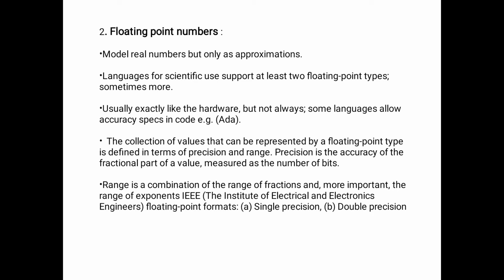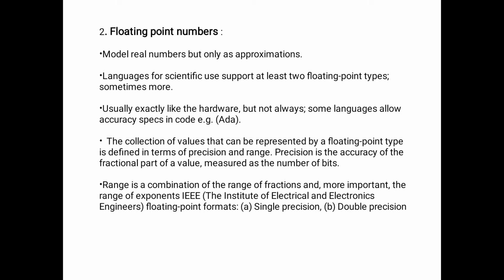Languages for scientific use support at least two floating point types, sometimes more. Usually exactly like the hardware, but not always. Some languages allow accuracy specifications in code, for example Ada. The collection of values that can be represented by a floating point type is defined in terms of precision and range.